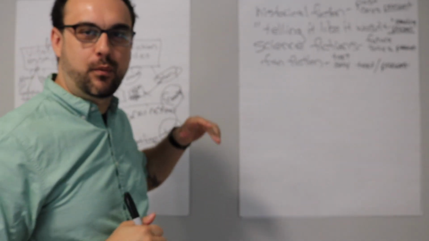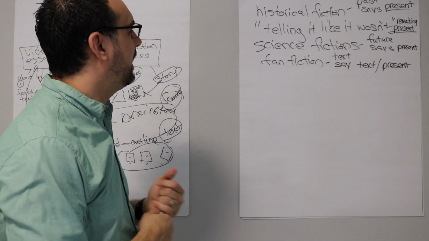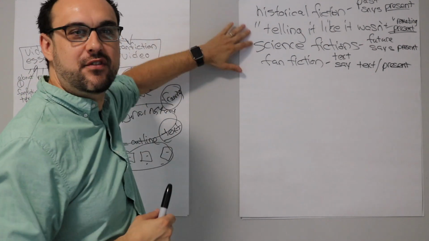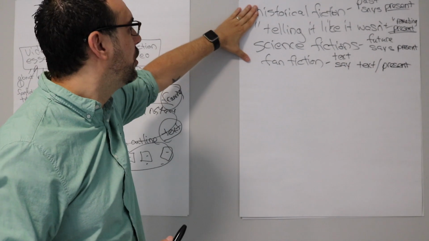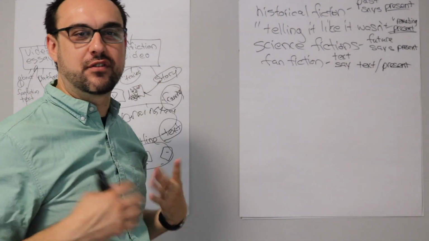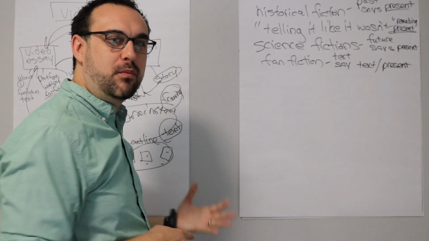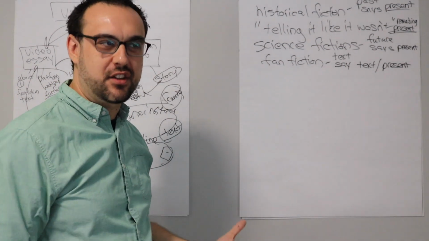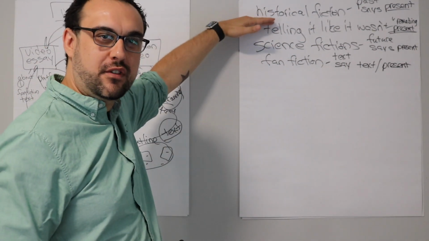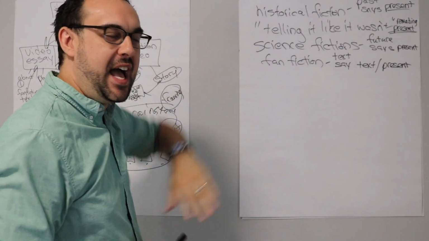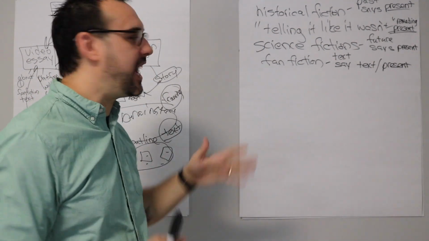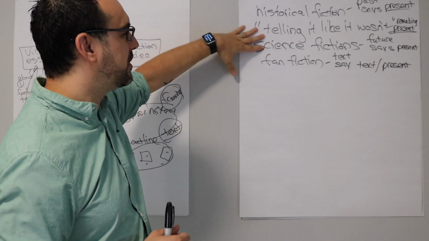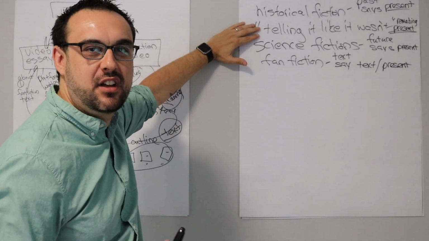So what I want you to think about is all of these just go to different places in order to do commentary. So why are certain forms more or less legitimate than others, right? I'd say historical fiction for a lot of people has an extra weight because it has that tether to reality. So does telling it like it wasn't, right?